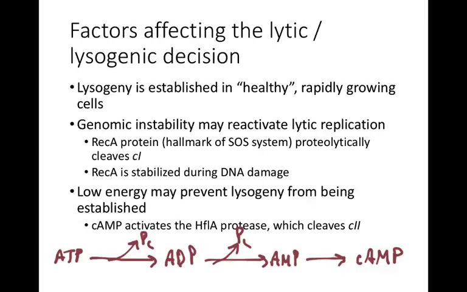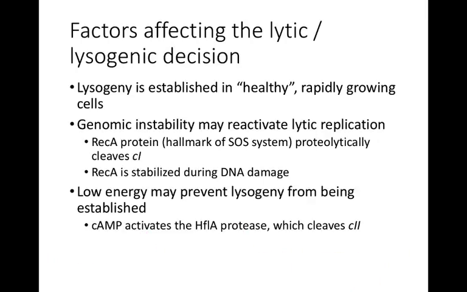Cyclic AMP is what's sometimes described as an alarmone, meaning the expression of it, or its presence, is an alarm to the cell that energy levels are low. What we find in this case here is that cyclic AMP will bind and activate a protein known as HflA. Well, HflA is a protease, and one of its targets is C2.